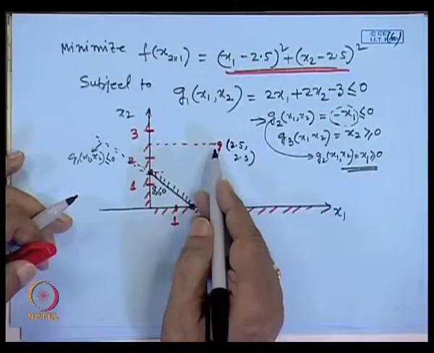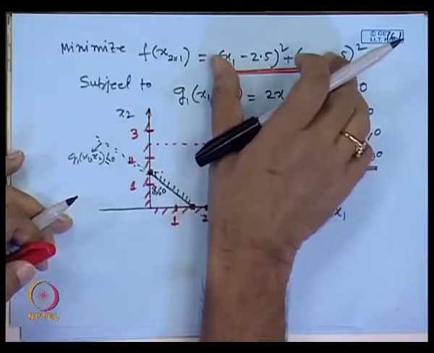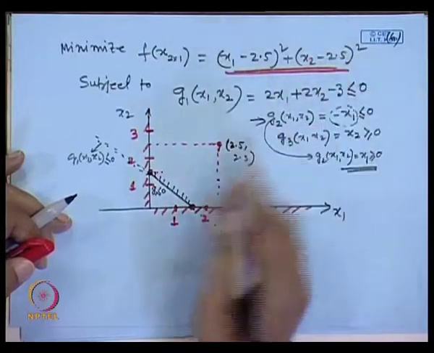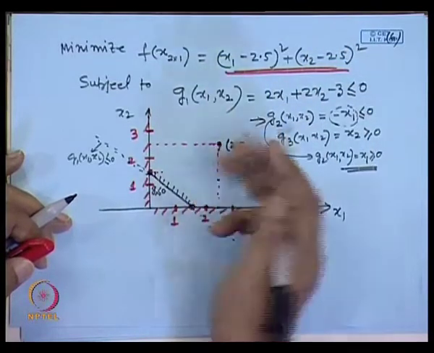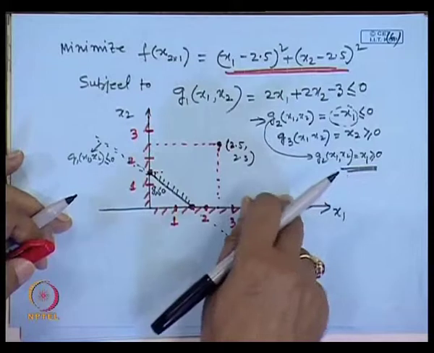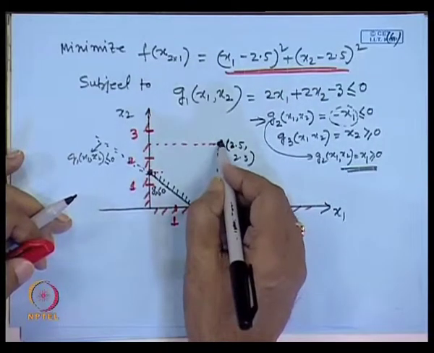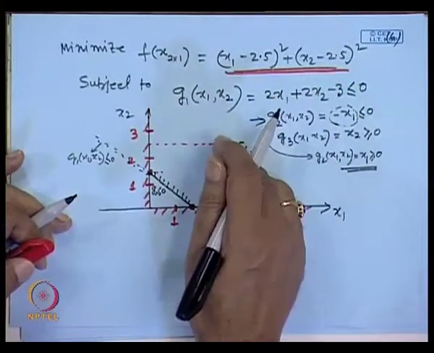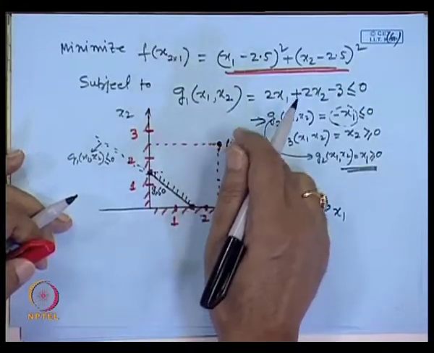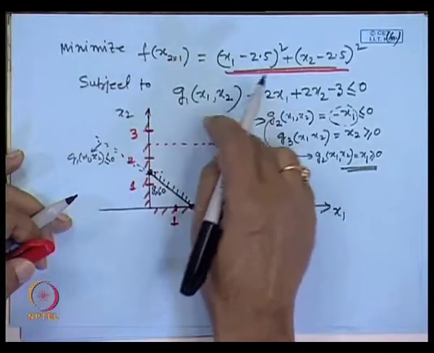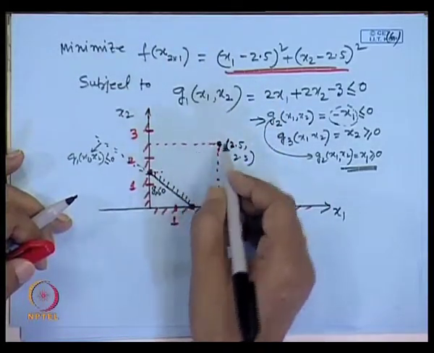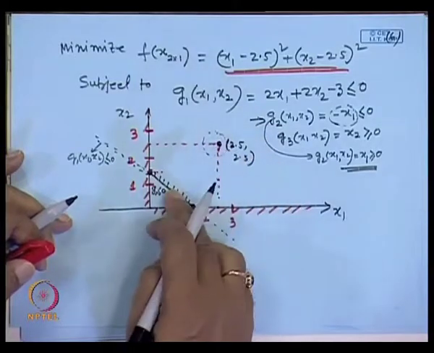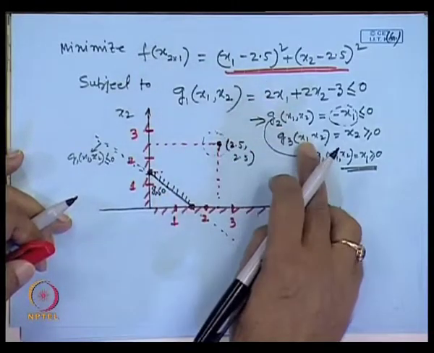Now, it is obvious that if these constraints were not there, the minimum value of the function at the center is 0, but we have a constraint. If you increase the size of the circle with the same center, the function value increases, but this does not satisfy our constraints. Agree?